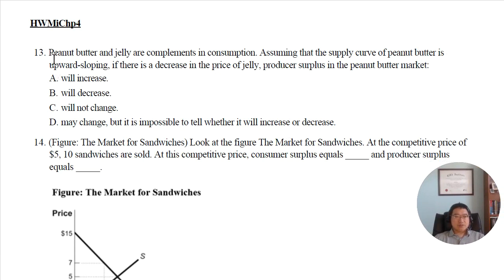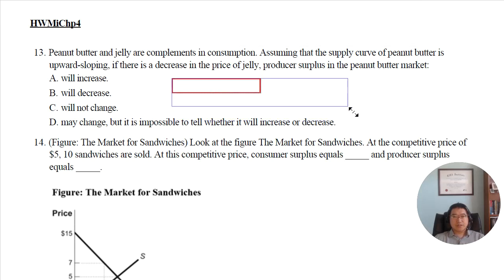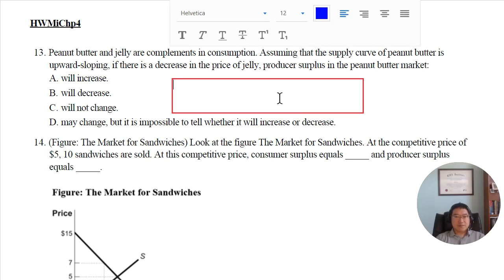Question 13. Peanut butter and jelly are complements in consumption. Okay, now we know we need to think across different products. Assuming that the supply curve of peanut butter is upward sloping and there is a decrease in the price of jelly, what do we think? The price of jelly falls, so quantity demanded for jelly rises.